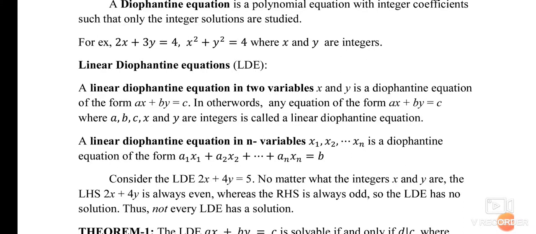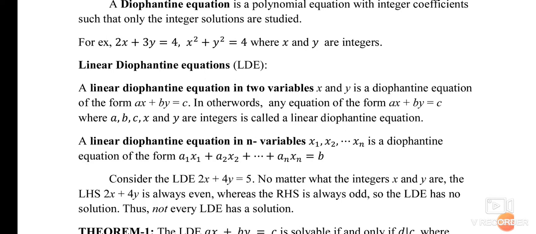To see this, we consider the following LDE: 2x + 4y = 5. Note that if x is an integer, then 2x is a multiplication of an even integer and an integer. So, 2x is an even integer. Similarly, 4y is an even integer. We know the sum of two even integers is an even integer.